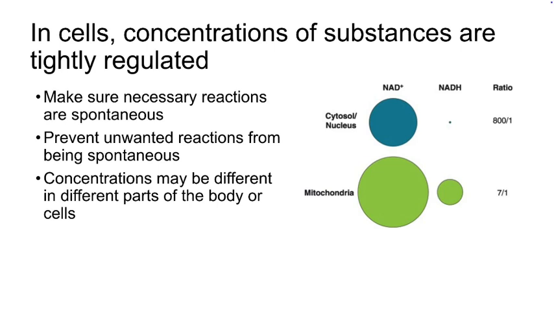But we also don't want that to happen in all parts of the cell. So for instance, the mitochondria is the powerhouse of the cell. There we go. And that's producing tons and tons of energy, but do we want tons and tons of energy everywhere within our cell? We want that controlled.